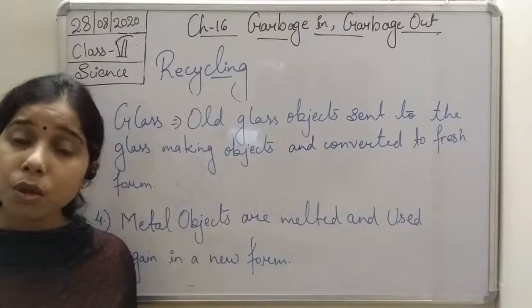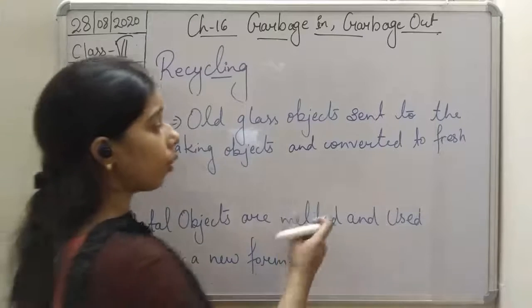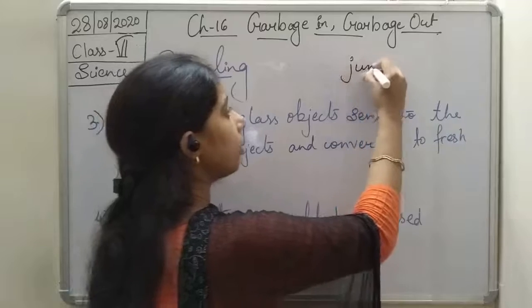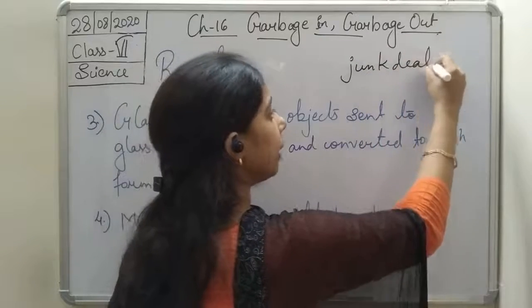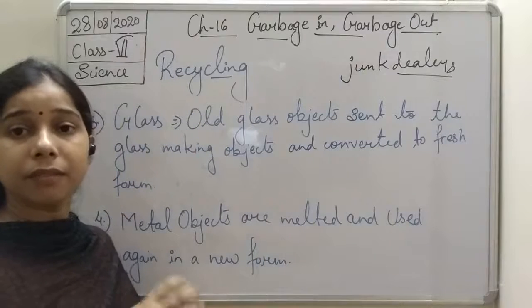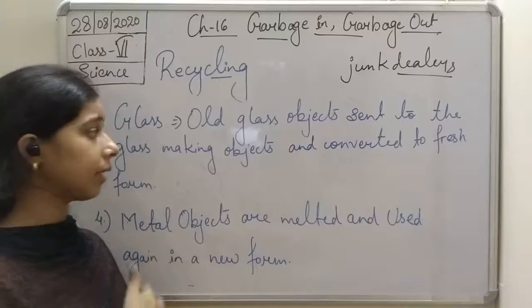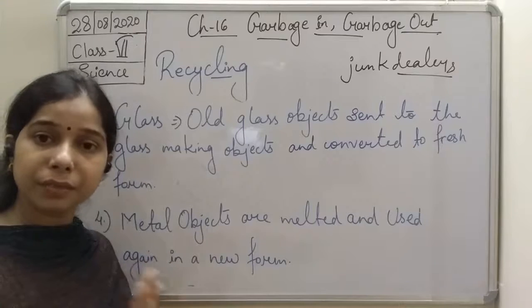What we used to do is give them to the junk dealers. In our colony, a lot of junk dealers come periodically, and we give them all these things, including the metal, the plastic, and the paper.